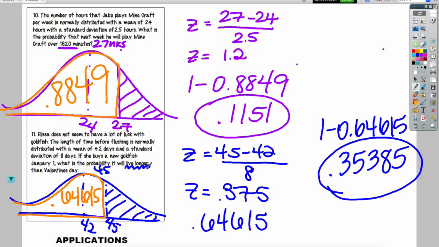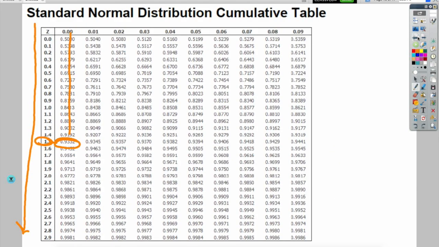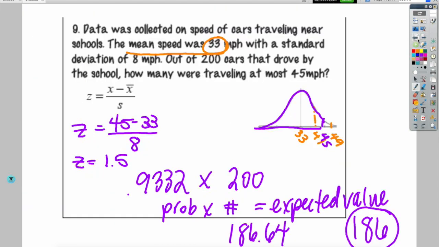Any other questions on normal distribution? Does everybody understand where you would need to multiply by your x value, like how we did in number 9? The only time you're ever going to multiply is if you're actually trying to figure out a particular number. Okay? So be careful not to use your sample as your x value.